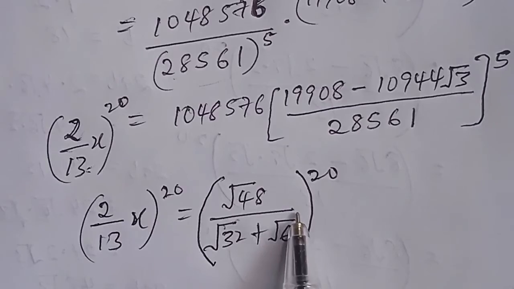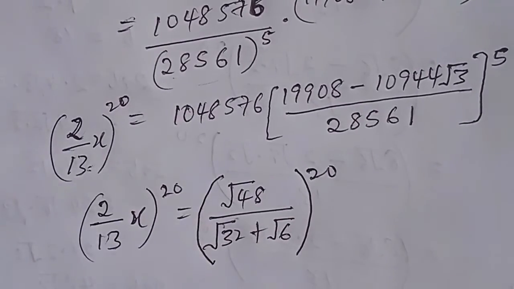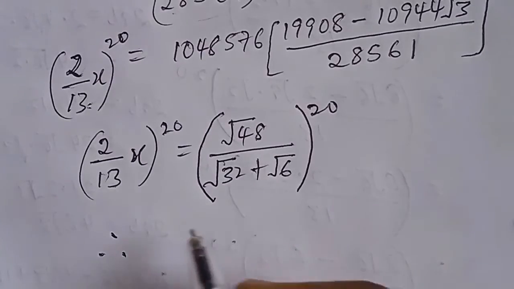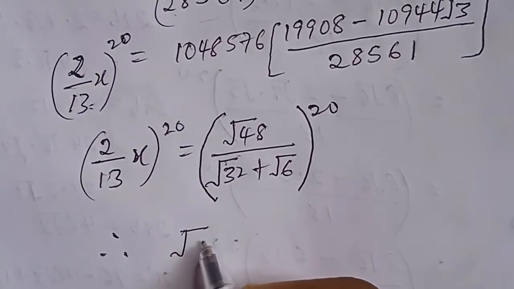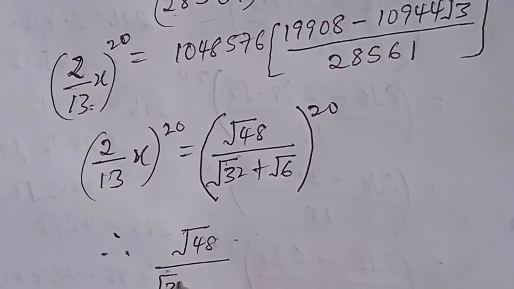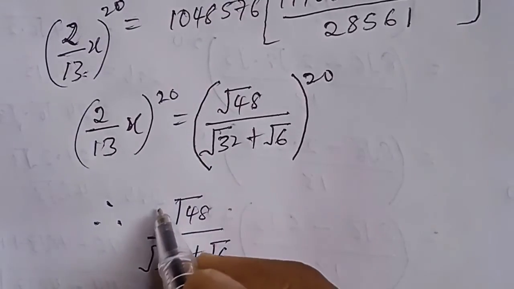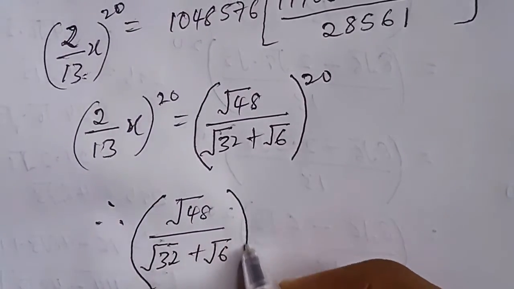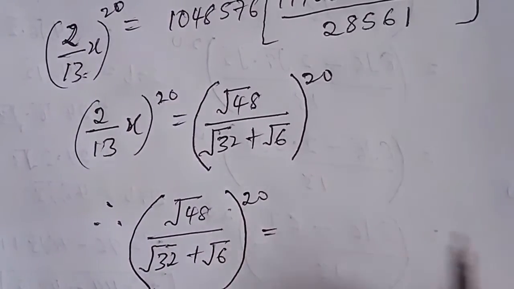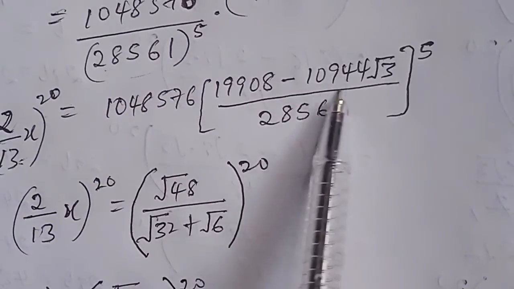Since this is equal to this, then we can conclude that therefore square root of 48 over square root of 32 plus square root of 6, all into brackets to the power of 20 will now be written as equal to the whole of this expression.